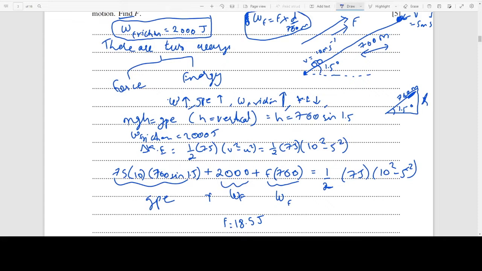So let's see what mistake we have made. It's evident that we have made a mistake in this part. F should actually have been here, but let's see why.